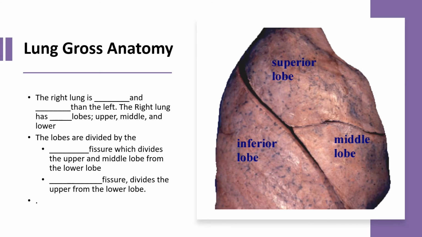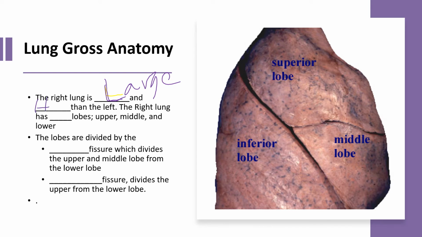All right, so the side view here, this is the right lung. I know I'm making a big deal over the right lung, but there's usually a lot of confusion on this, so I'm going to make it as repetitive as I can. So the right lung is larger. Let me switch colors here. Larger and heavier than the left.